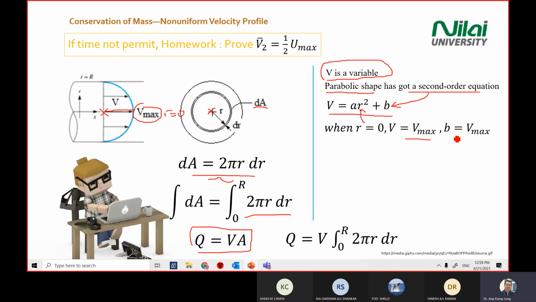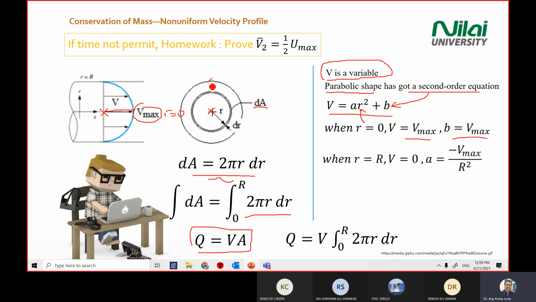So your B is Vmax at r equal to the center. What happens at the edge, at the wall? At the wall, r equals the outer R. The velocity at the wall, we know that the contact between the fluid and the surface is 0. I mean the velocity will be 0. So V will be 0.